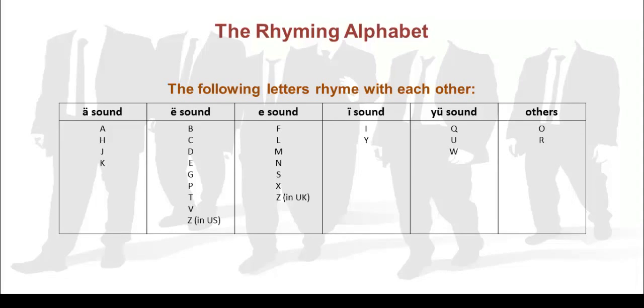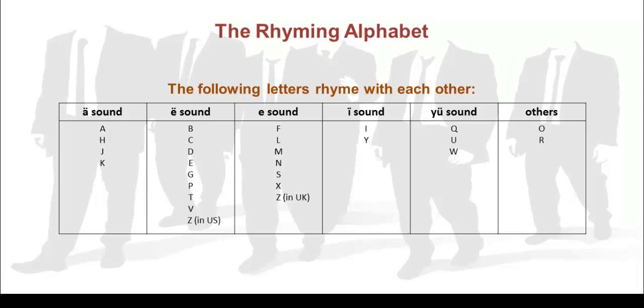And the long E sound: B, C, D, E, G, P, T, V, and Z as it's pronounced in the United States. The short E sound: F, L, M, N, S, X, and Z as it's pronounced in the UK.